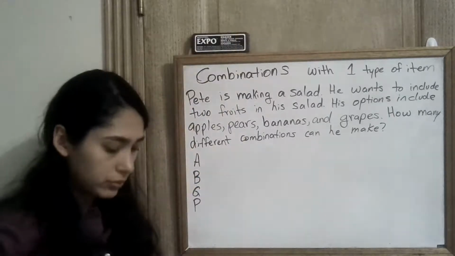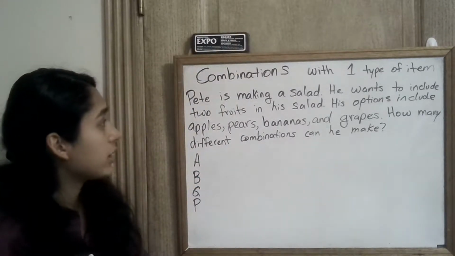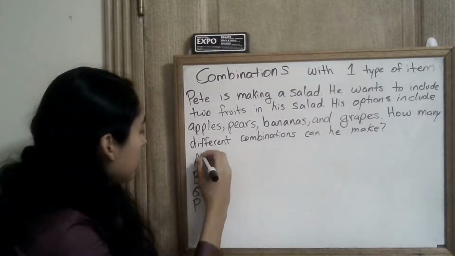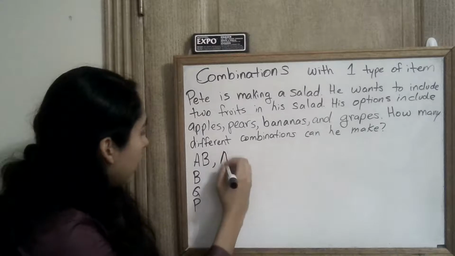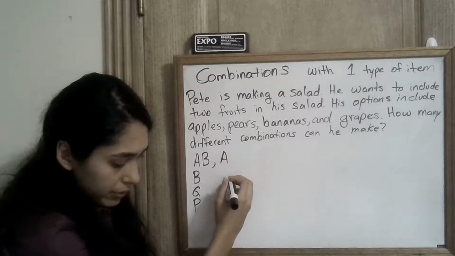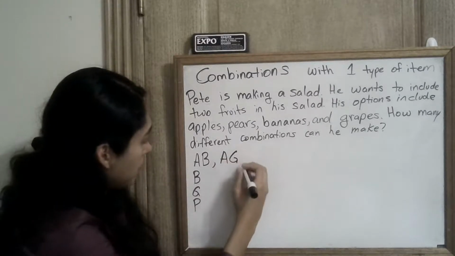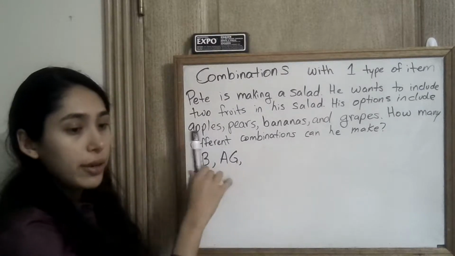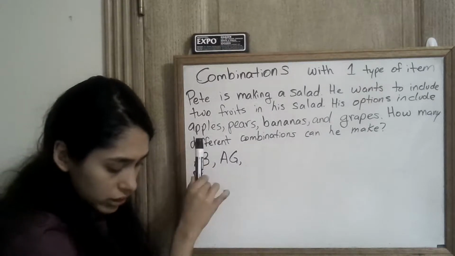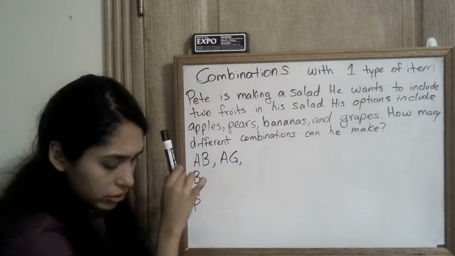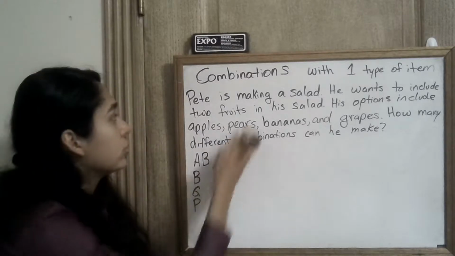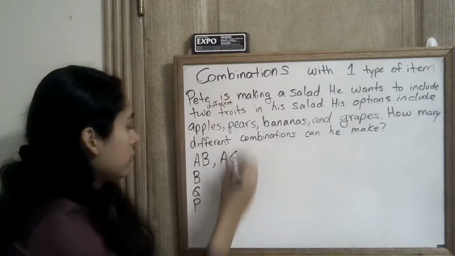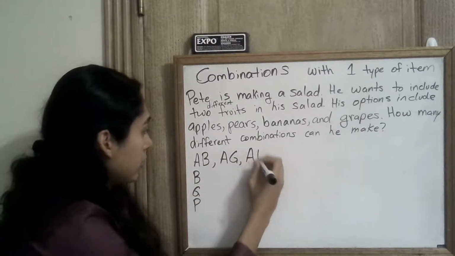So our options with apples are apple and banana, apple and grape, and here it says he wants to include 2 fruits. I want to make the distinction that he wants to include 2 different fruits. And then apple and pear.